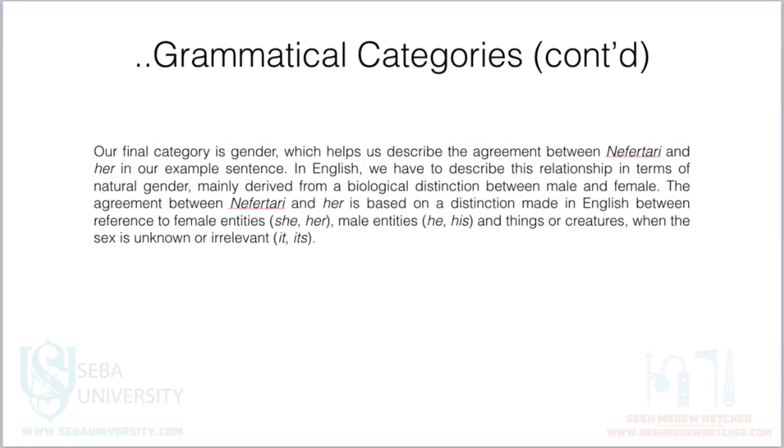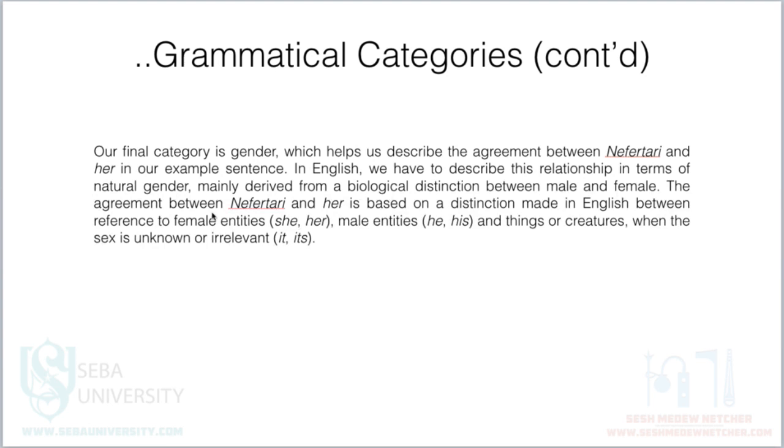Now, to continue, our final category is gender, and this is what we're discussing tonight. And this is going to be brief because it should be pretty straightforward. So our final category is gender, which helps us to describe the agreement between Nefertari and the word her in our example sentence. So in English, we have to describe this relationship in terms of natural gender, mainly derived from a biological distinction between male and female.